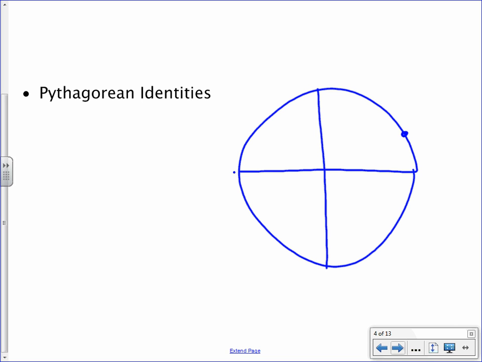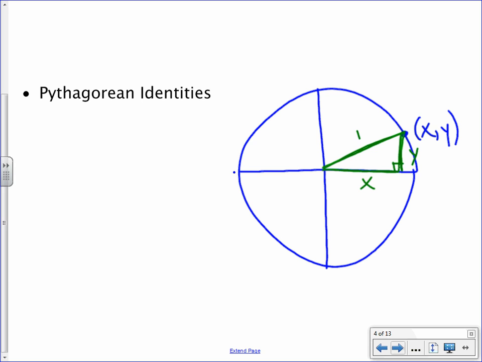A coordinate, x, y. If I draw a triangle here, what's the hypotenuse in the unit circle? And what's this distance right here in our triangle? X. And this distance is y.